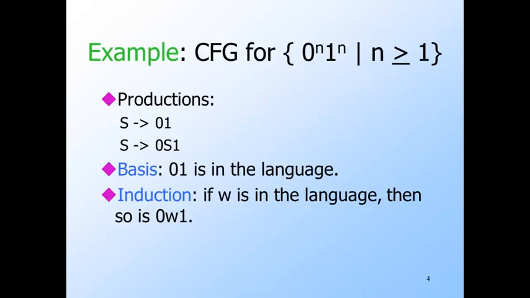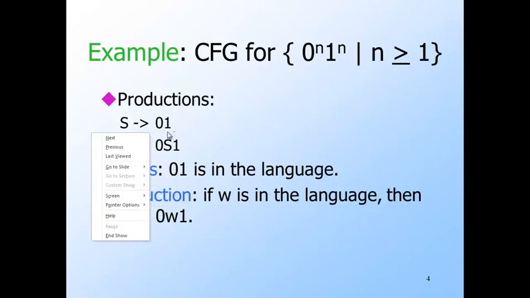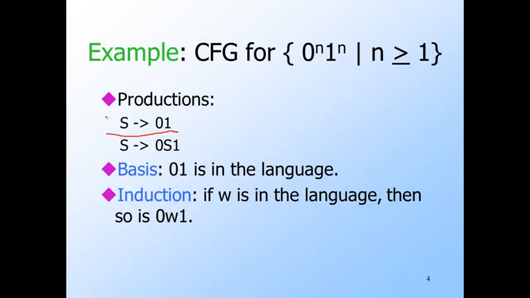For our first example, let's consider the language that we showed not to be a regular language, the set of strings of the form n zeros followed by the same number of ones. Here is a grammar for this language. There are two productions, or rules, and only one variable S. The first production is a basis rule.